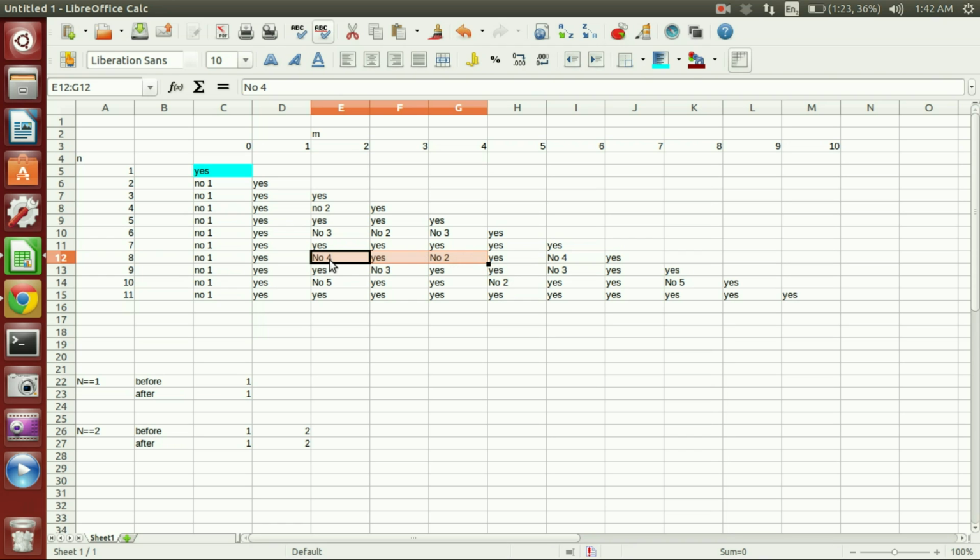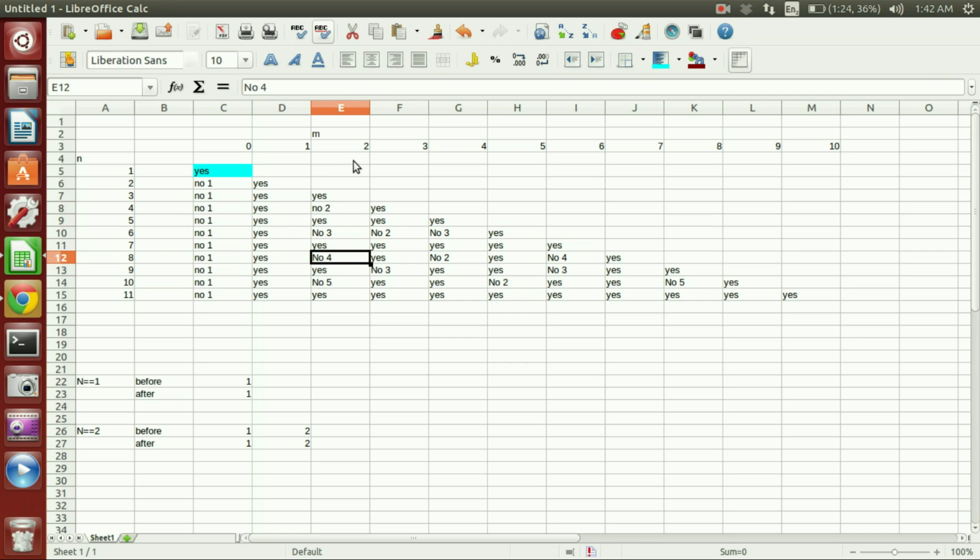So we can see that whenever n modulo m is not equal to 0, we are just taking it as yes. Here also 8 modulo 3 is not equal to 0, so we are taking yes. 8 modulo 5 is not equal to 0, so yes, and 7 also. Now these numbers are remaining, say m equal to 2.